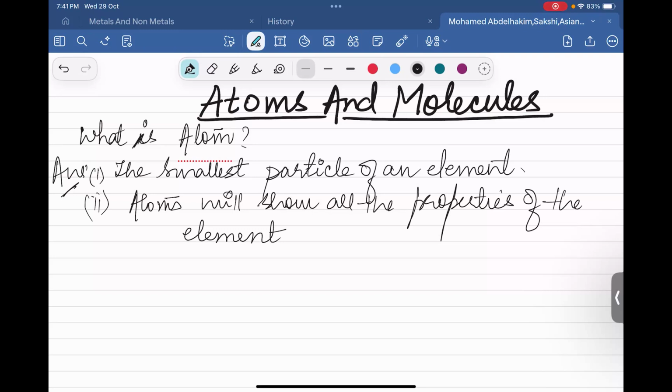Because the element is made up of small atoms. So atoms will show all the properties which the element is having. Okay, it's basic. Understood? You have understood these two lines?